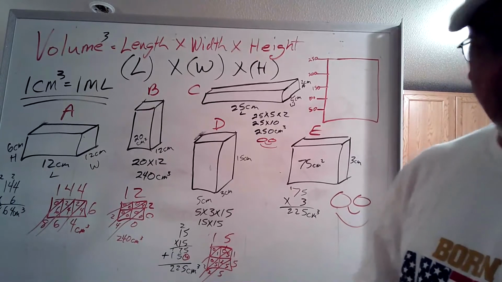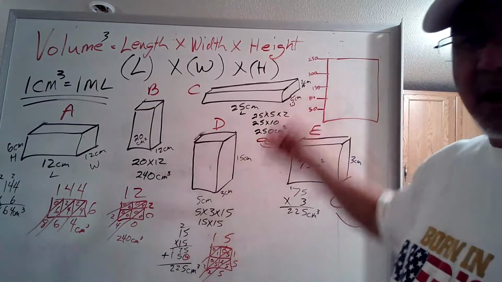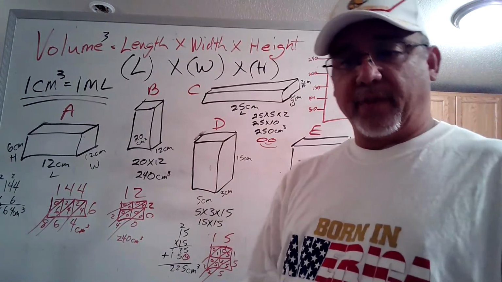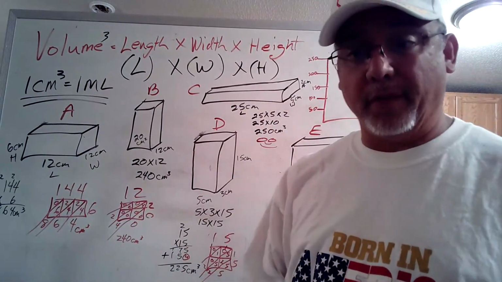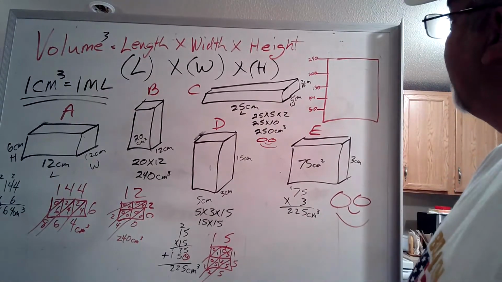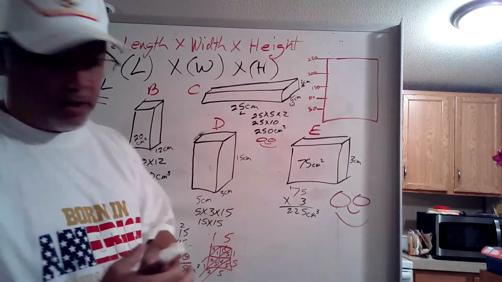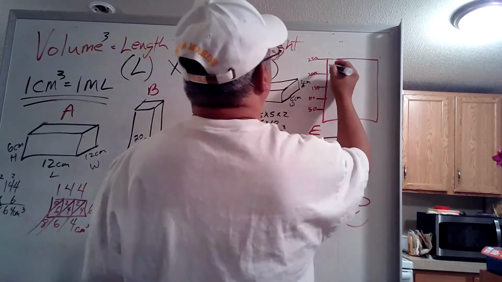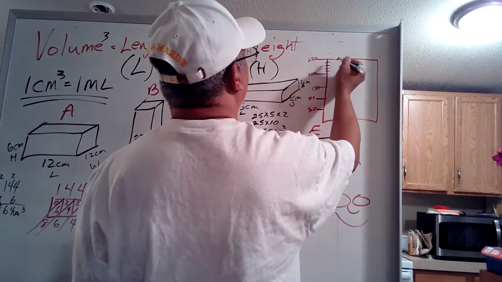So the first one, what was my number? 864. Will that fit in there? No, it won't. If you've ever heard the phrase, then the cup runneth over, that would be a good example of it. Alright, B. B says 240, so you look here, here's 200, here's 250. So if you were going to do it, we call that like 210, 220, 230, 240, 250.